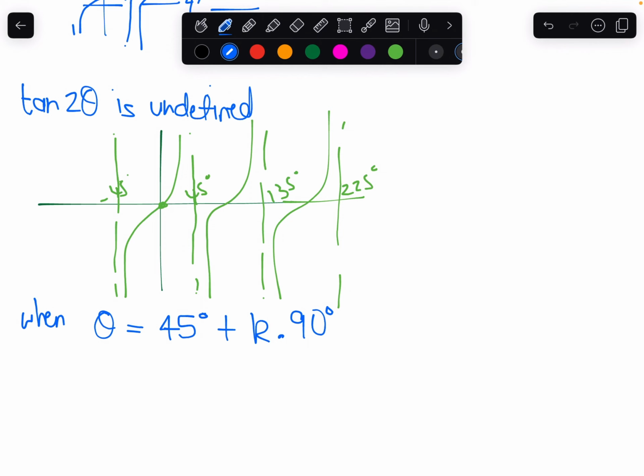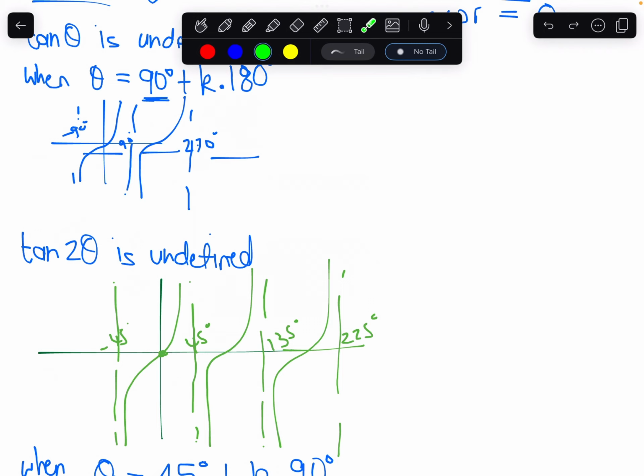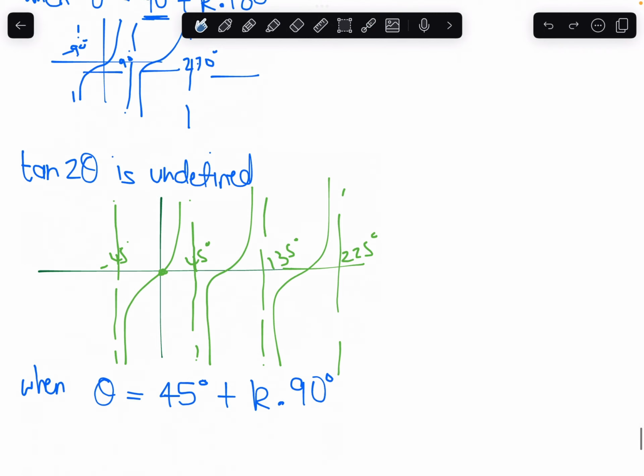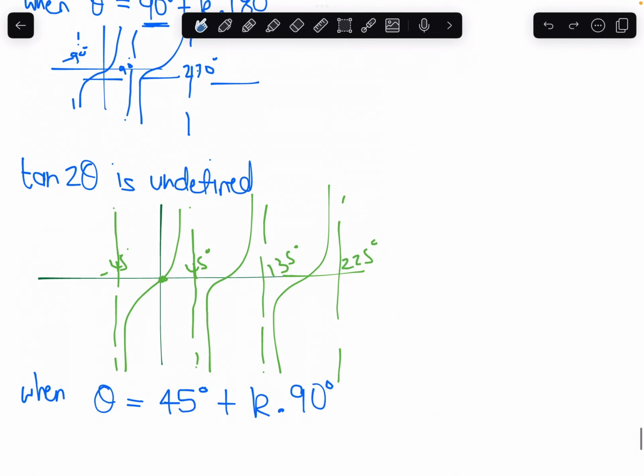And this makes sense because if we take this 45 and put it in here, 2 times 45 is 90, tan of 90 is undefined. If we take this 135 and put it in here, 2 times 135 is 270, and if you look at your original graph, tan of 270 is in fact undefined. Okay, so this makes sense to me.